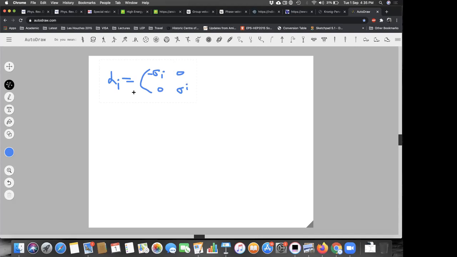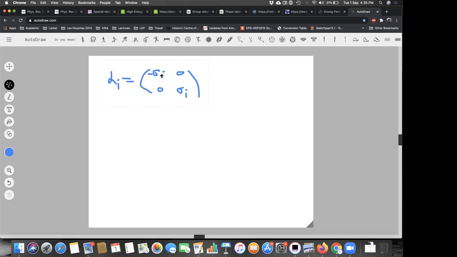Sorry. The upper i, lower i, all these things we'll try to distinguish in a couple of days. So this is alpha i. Let's say I make a choice of alpha i like this, okay? And you can check this alpha i will also satisfy the anti-commutation relation that we verified for the other choice.